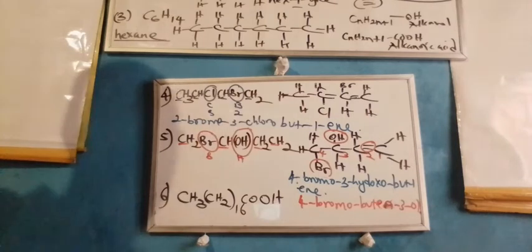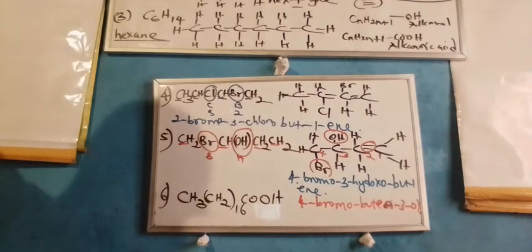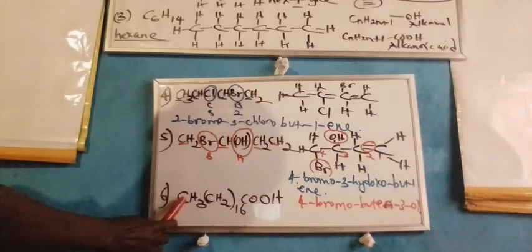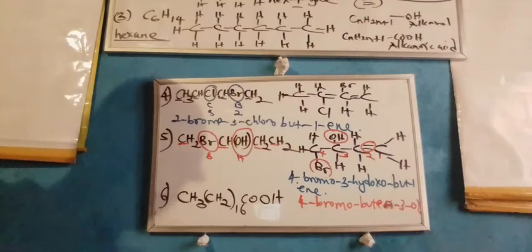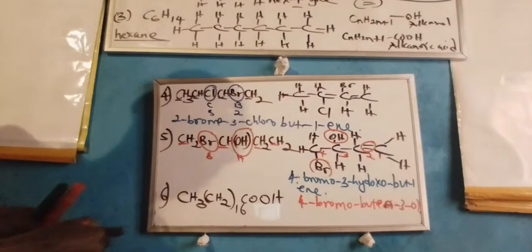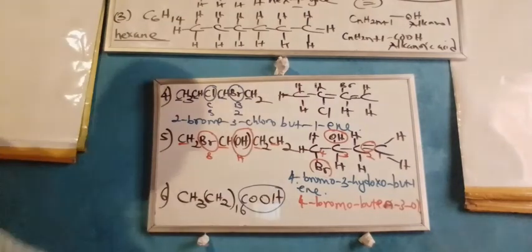Next, we have a molecule which has a varied range of carbons. There is 16 plus 1, which makes 17, so that is 17 alkyls with the carboxylic group. Now, in this present case, the carboxylic group takes precedence, which means this is an organic acid.